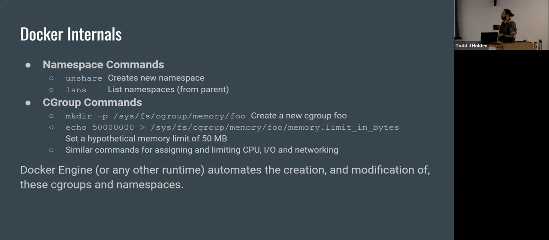So you create this file, which is a new control group called foo. And then you say that 50 MB is all that this control group is allowed to access. That's it. Obviously it's more complicated in practice, but this is what your Docker engine is doing when you start a new container, right? And it handles this automatically. So you have very similar commands. Basically, you create one of these control group files and then you assign whatever you need.